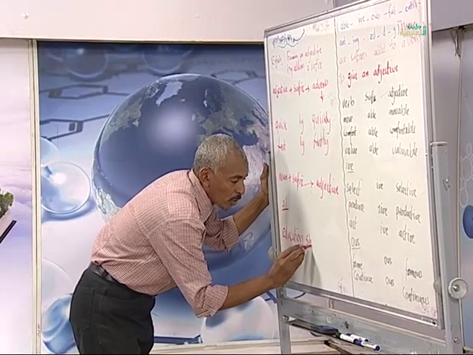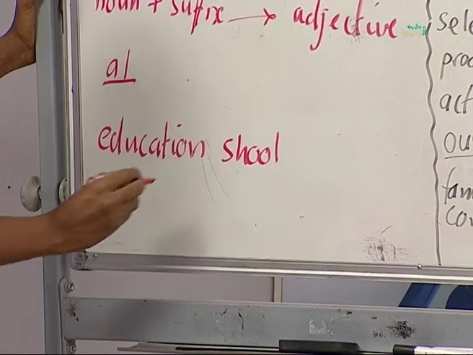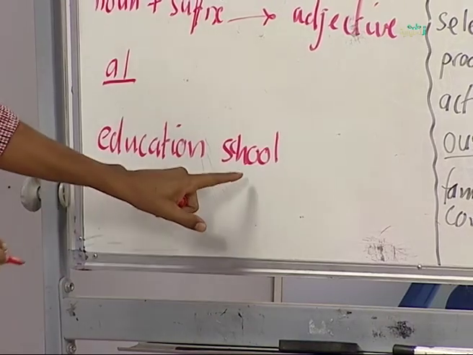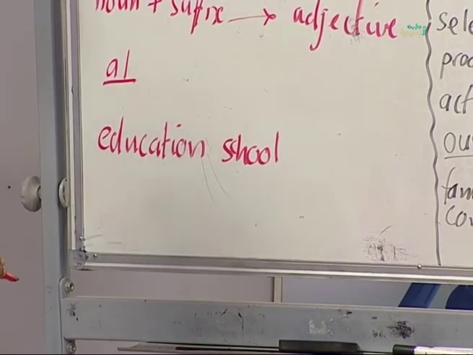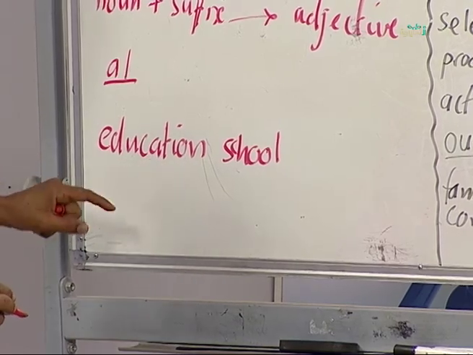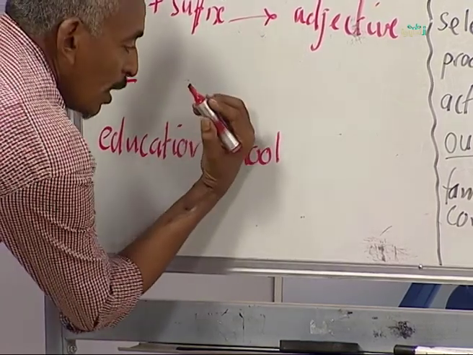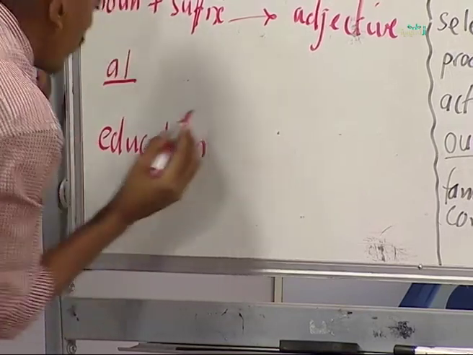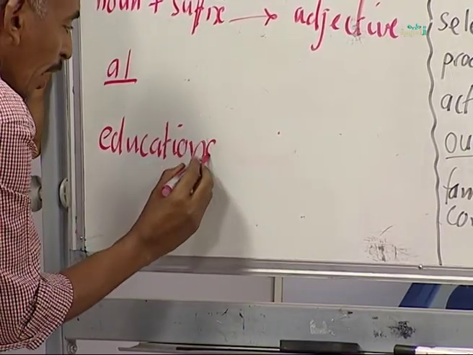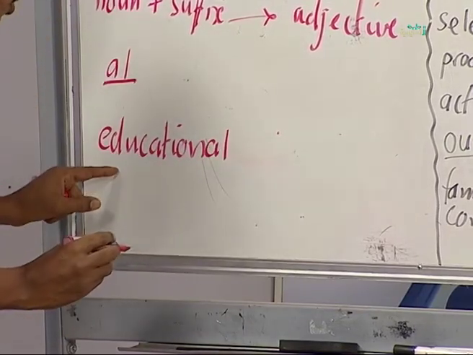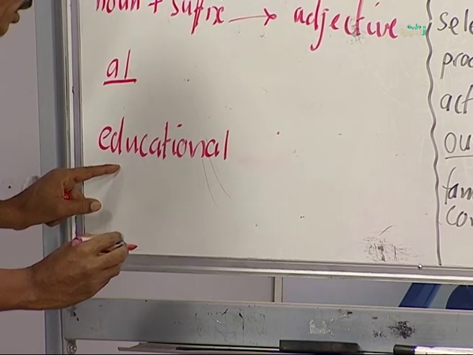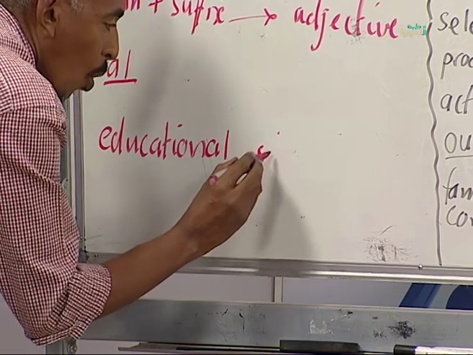For example, for education, school. I want to add these two nouns together. To add these two nouns together, here we have to add al for the first noun. Here is going to be educational school.